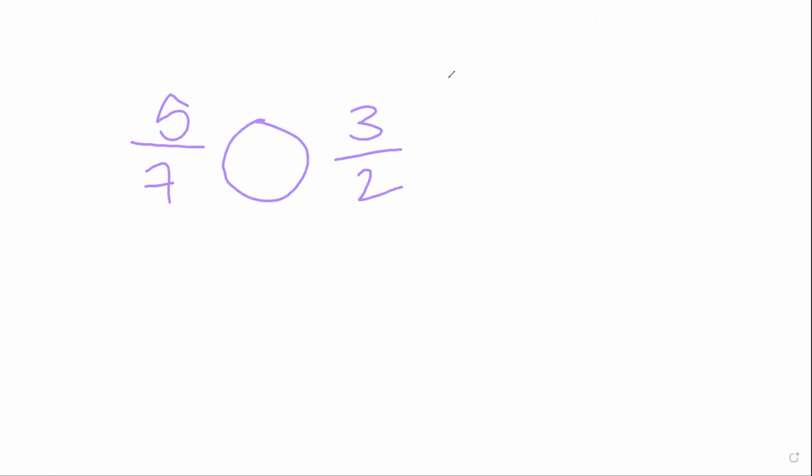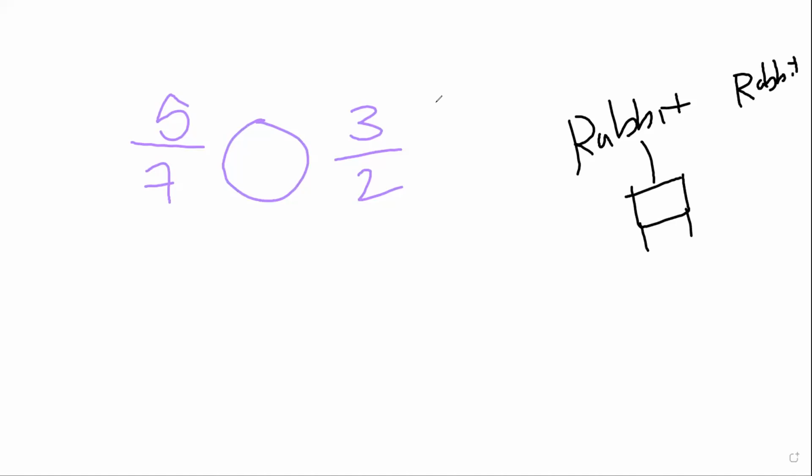Okay? In order to compare between them, imagine now you have 2 rabbits. This is a rabbit here, and this is another rabbit here. The first one is standing on a chair. And the second one is standing on the land.